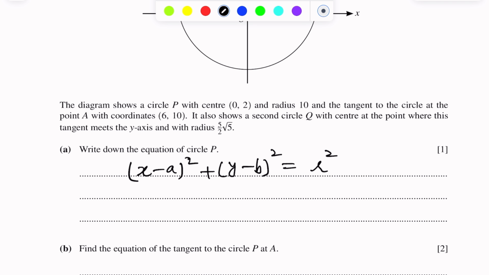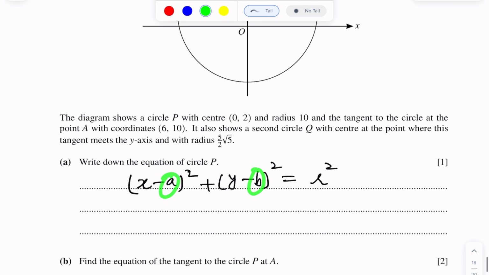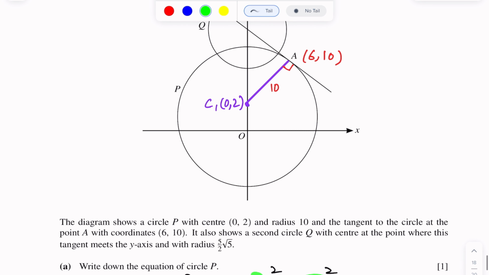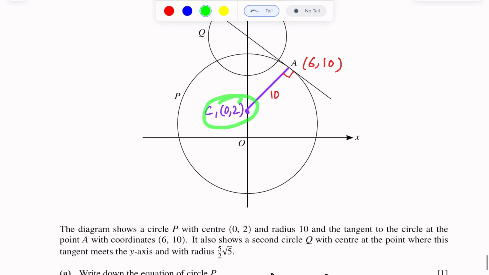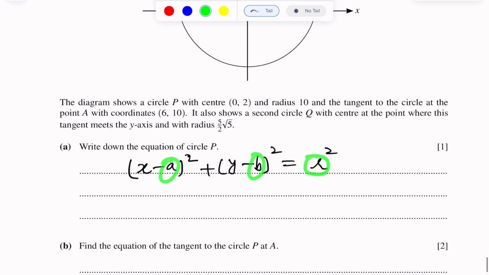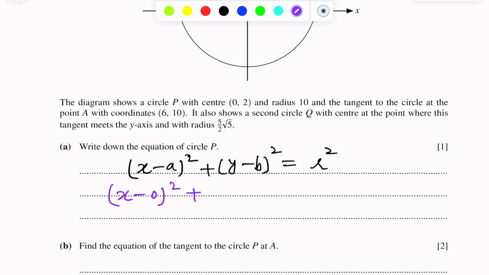This is the general equation of the circle having center a, b and radius R. Here a, b shows the center of the circle and R is the radius of the circle. But in the question, center is 0, 2, radius is 10. Putting here the values, equation of circle will be x minus 0 whole square plus y minus 2 whole square equals 10 square.